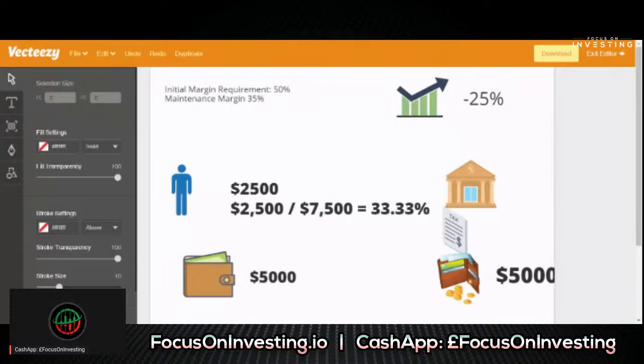This is when your broker picks up the phone and says, "Hey, Neil, we know that you've got this trade going on in AMC. You expected the trade to go in a certain direction. However, the direction of the trade has gone against you, and the trade went 25% in the opposite direction to the way you perceived that it was going to go.